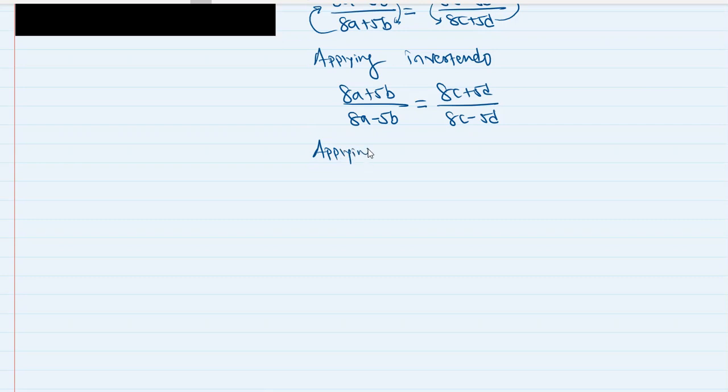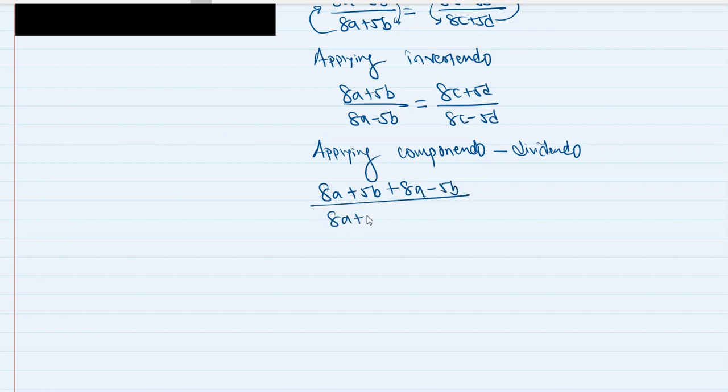Applying componendo dividendo once again, what do we get? 8a plus 5b plus 8a minus 5b upon 8a plus 5b minus, now I'll change the sign right away, 8a plus 5b.